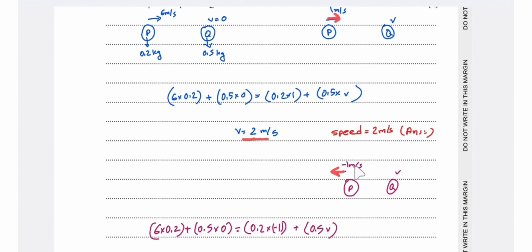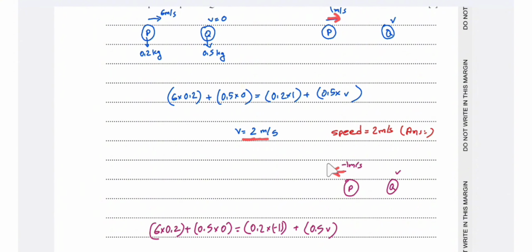And when P is moving towards the left, the velocity would be negative. So initially, mass times velocity of P plus mass times velocity of Q is equal to mass times velocity of P after collision. Now P is moving towards the left, so the velocity would be negative, since velocity is a vector, so it has both magnitude and direction.